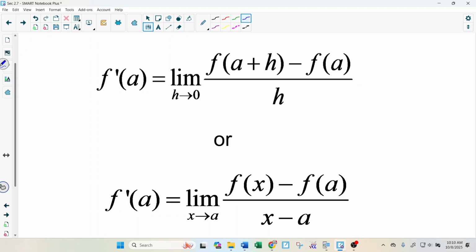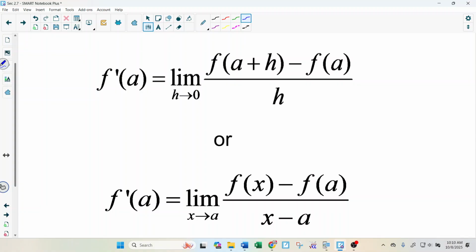That little symbol means the slope of the tangent line at a. So no new formulas here. We have the formula with h, and then our alternate formula with the x and the a, but it's just a different notation that we write with this f prime of a. And this is known as the derivative of a function at a.